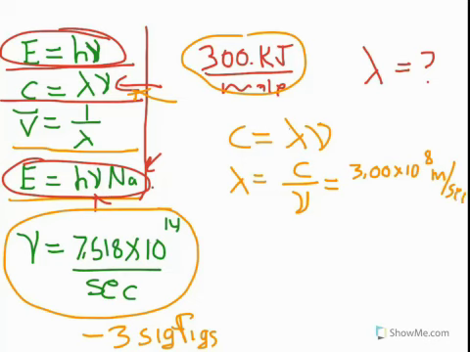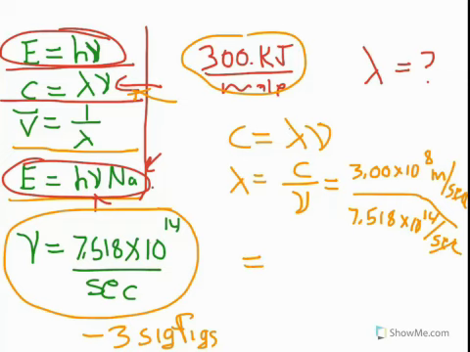We give a better number on there, something like 2.99792 times 10 to the 8th meters per second. So this should never really affect your sig figs. Then I divide by the frequency, 7.518 times 10 to the 14th per second. So my per seconds cancel, and I get meters.